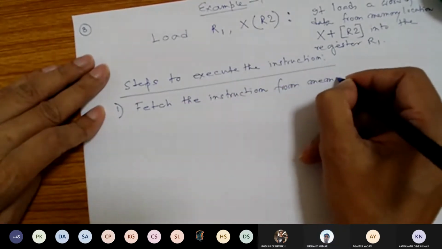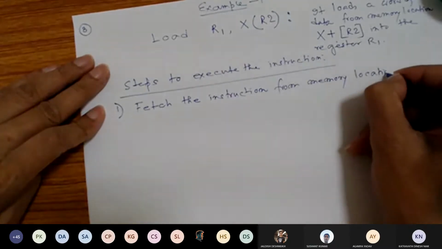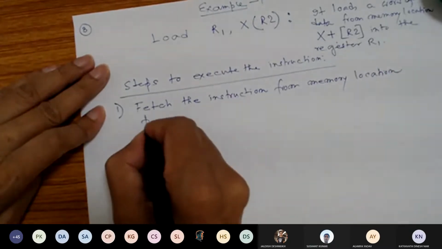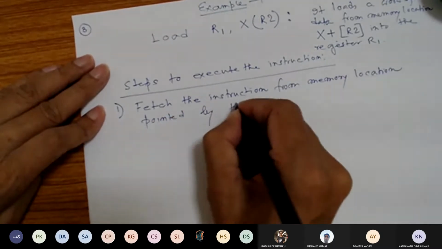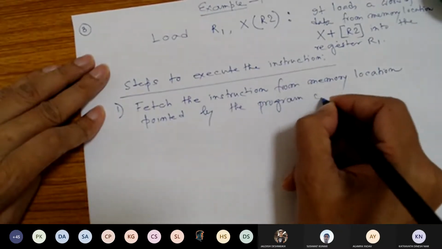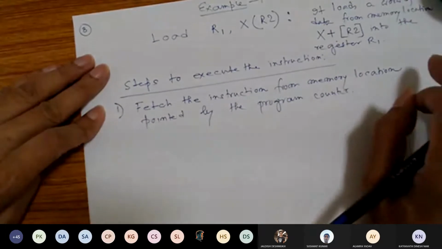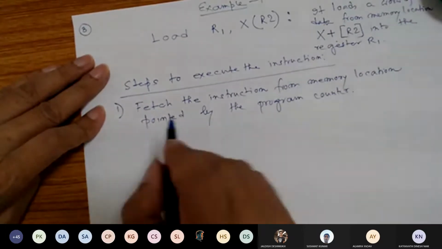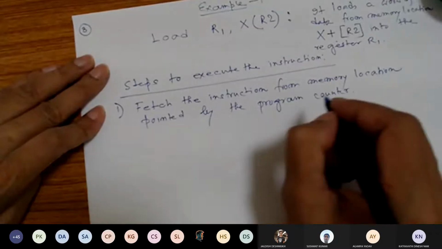So fetch the instruction from memory, location pointed by the program counter. This is the correct complete statement. Fetch the instruction from the memory location pointed by the program counter.